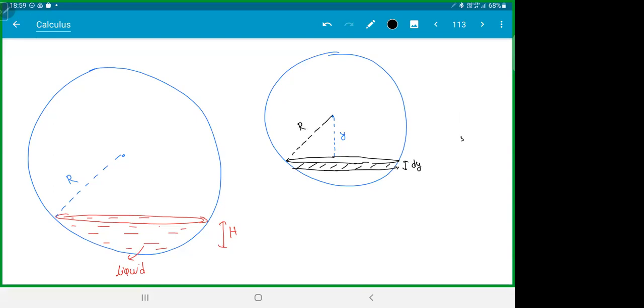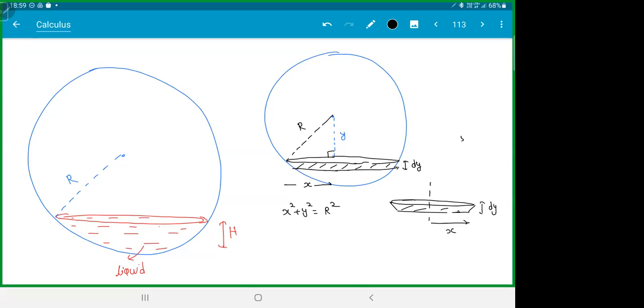This is radius r. This is x. Pythagoras theorem: x square plus y square is equal to r square. Next thing, this thin disk which we got, the radius is x, the thickness is dy. It looks like a small cylinder, right?